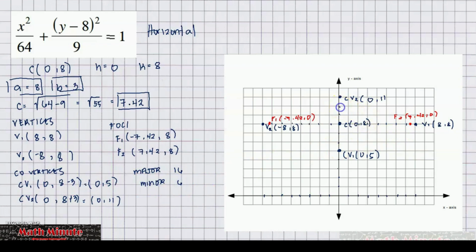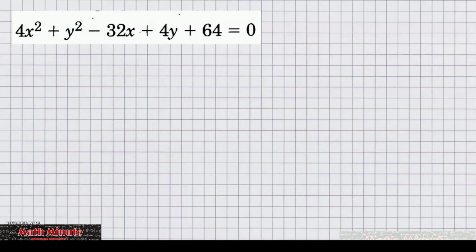So we count it here. 1, 2, 3, 4, 5, 6. So it's correct also. Then we connect all of the vertices. And that would be the graph of your ellipse.